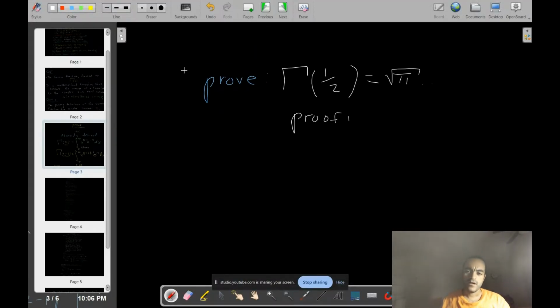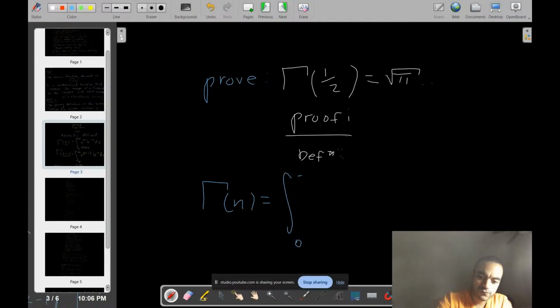Okay, so proof. We want to prove that gamma of 1/2 is equal to root pi. The way to do that is again, we start with the integral definition of the gamma function. The gamma function is defined as follows: gamma of n is equal to the improper integral from 0 to infinity of x to the n minus 1 times e to the negative x dx.